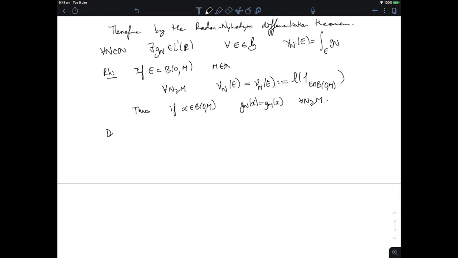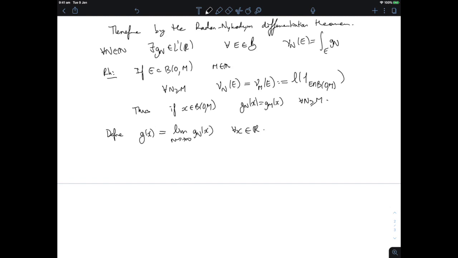So we can define g of x equal the limit as n goes to infinity of the Gn of x for every x in R, right? This will exist for any x because any x is included in the ball of center 0 and radius the absolute value of x, say. Right, so this is my g of x.